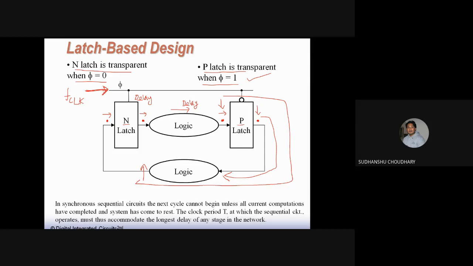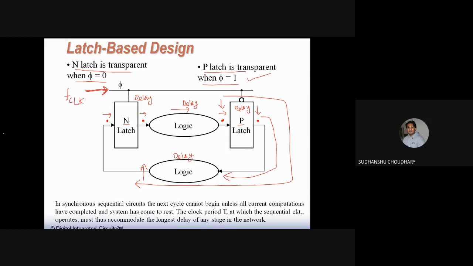So this has to be completed when my clock is 1. That is, in the next cycle I have to perform this much operation. So obviously the clock period should also consider the delay of this latch and the delay of this logic block.